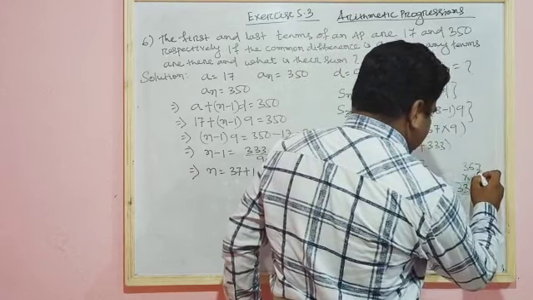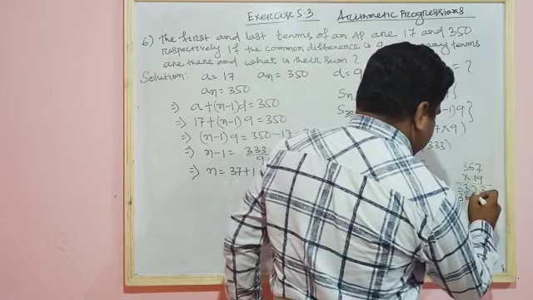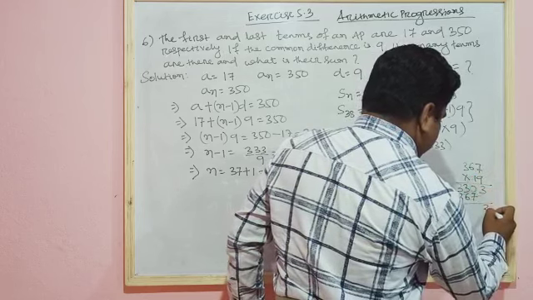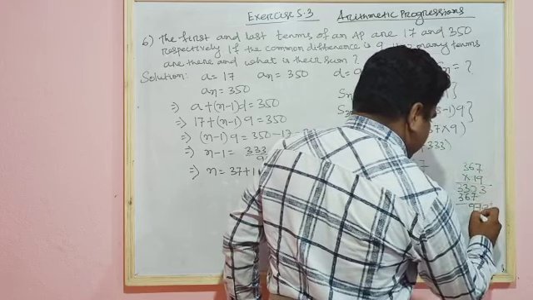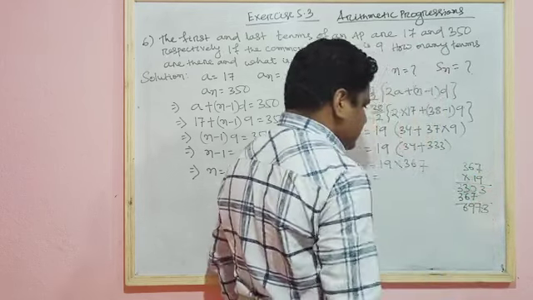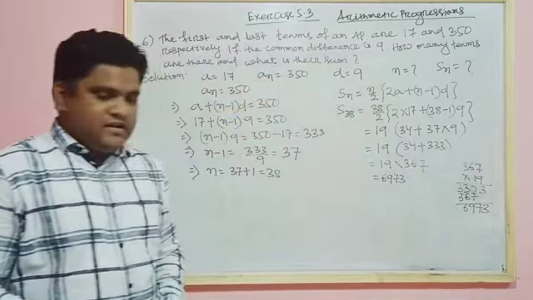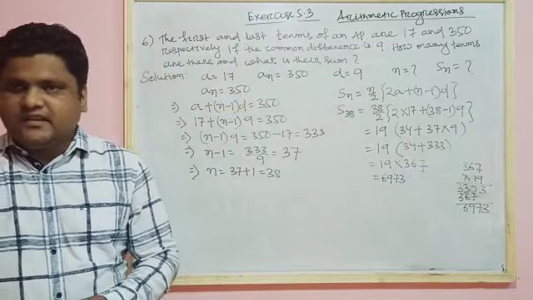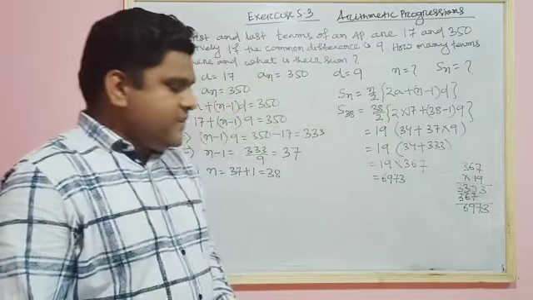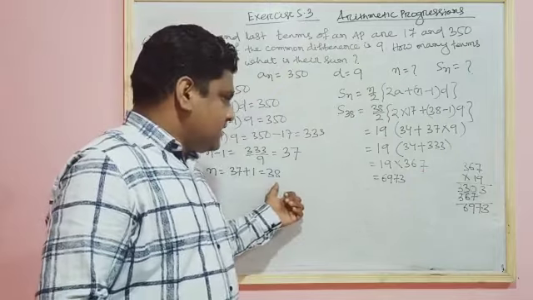And also multiplying with 1, it will be 3 6 7. So adding, we get 6 9 7 3. Final answer 6973. So sum of n terms here is 6973 and the AP contains 38 terms.